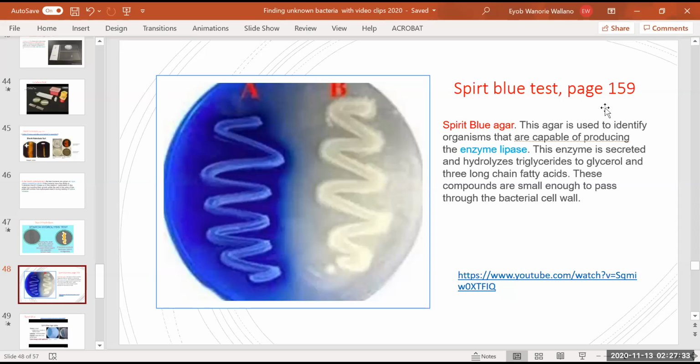So what you need to do is, for example, streak the bacterial culture on the plate like this, and because it is going to ferment this media, it changes to spirit blue. That means the enzyme is going to break down the lipid in the media. So that is how we are saying spirit blue.